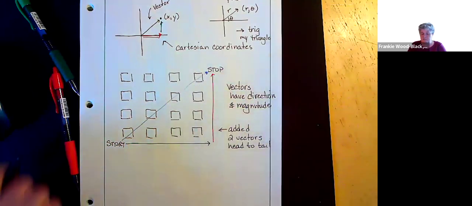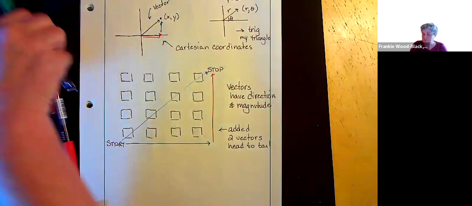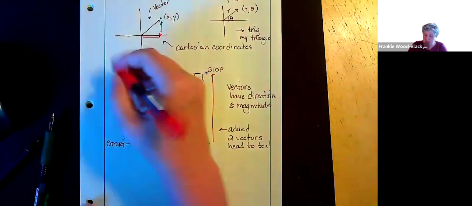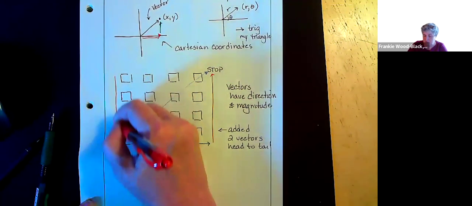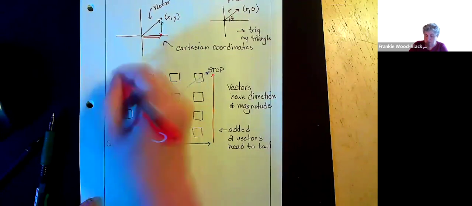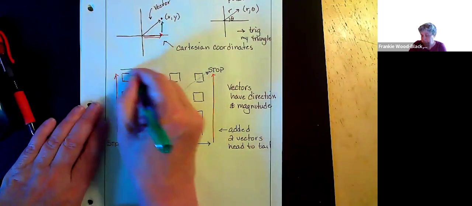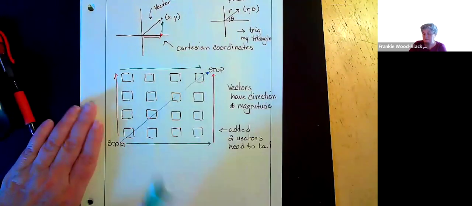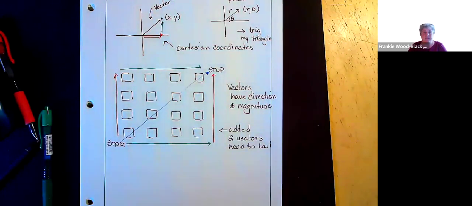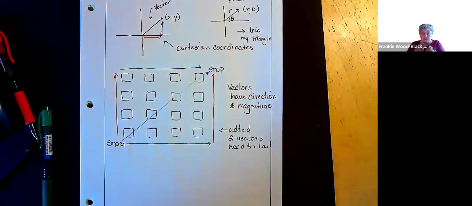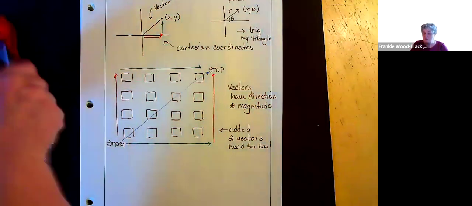Now I can get to this spot a couple of different ways. So I can go ahead and do this first, and my green one here, and I end up at the same stopping point. So it doesn't matter which order I use. If you go back to your algebra, that's the commutative bit.